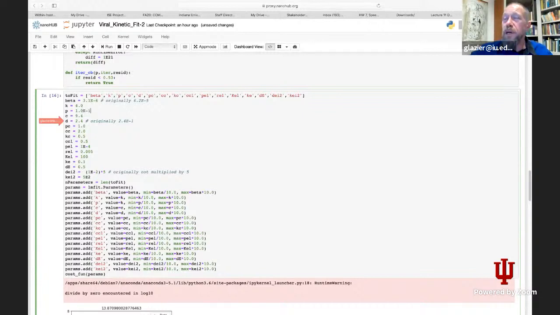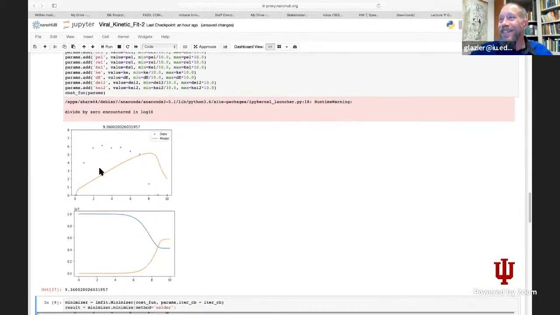I multiplied D by 2. I multiplied KE by 2, this one, the next one. That KE. And I multiplied DEI 2 by 10. And that's all. Okay, so that works.